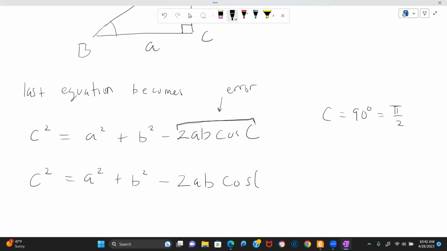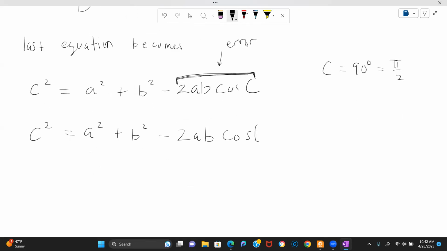This error term basically measures how far your given triangle is from being a right triangle. It might be close to being a right triangle, so you have to take into account that it's a little bit off, and subtract it off. That's why this looks so much like the Pythagorean theorem.